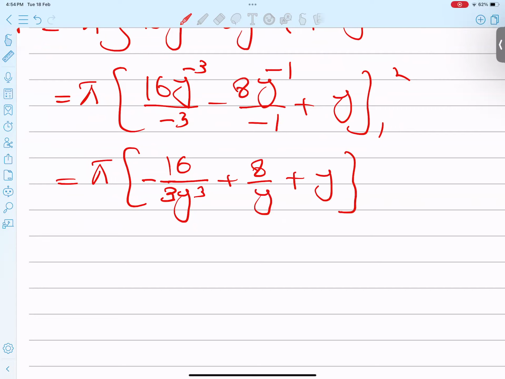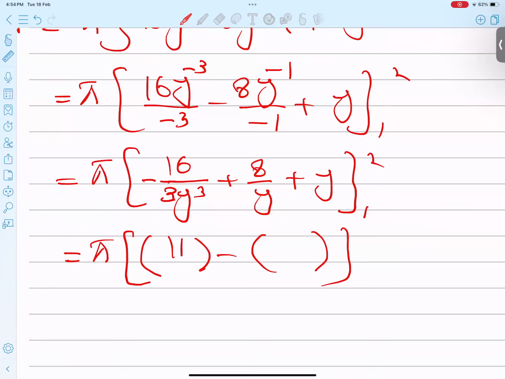So now I'm going to plug in the upper limit and subtract the lower limit. First of all, I plug in the upper limit. I give you one step, and then the lower limit. So I'm plugging it here: negative 16 divided by 3 and divided by 8. Yeah, correct. And plus 4 and plus 2. I get 16 by 3. Upper limit done.